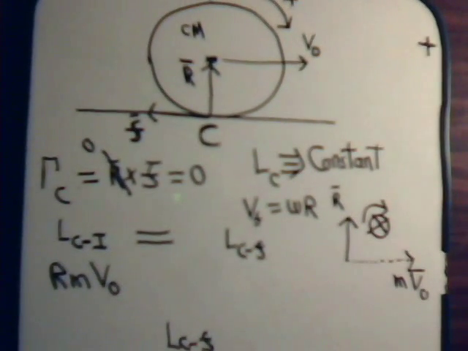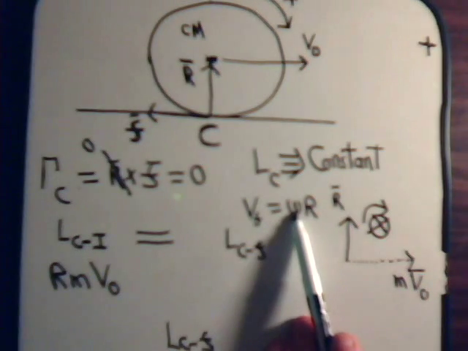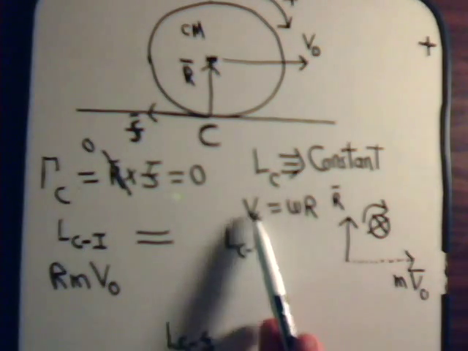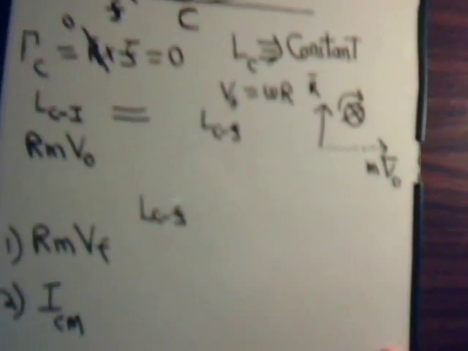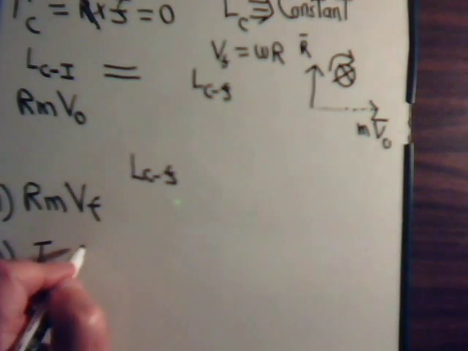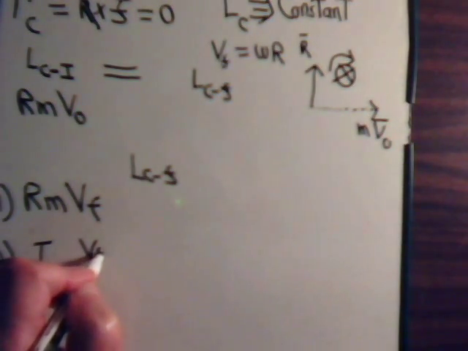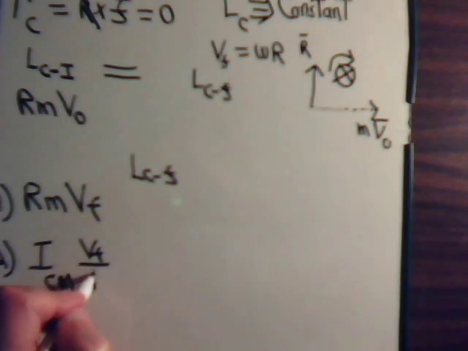But at that time, when it goes into pure roll, the angular velocity is the final linear velocity divided by r. So it's this.